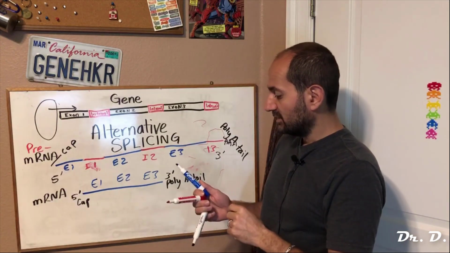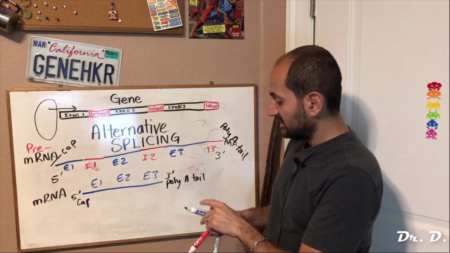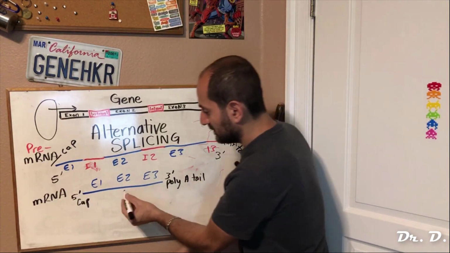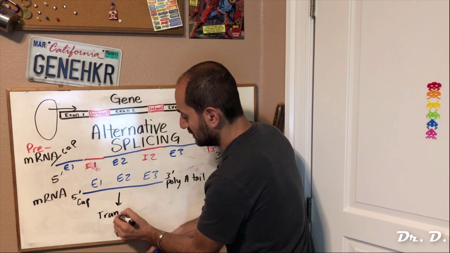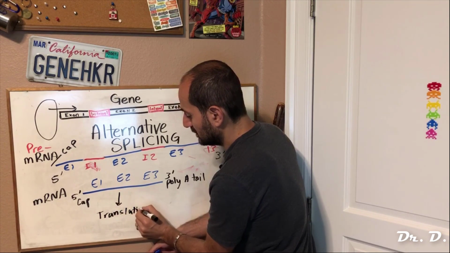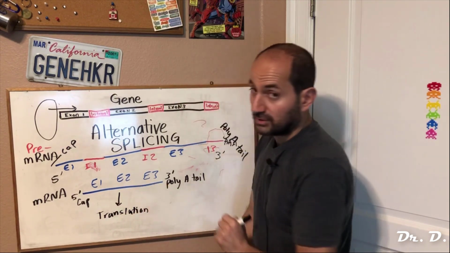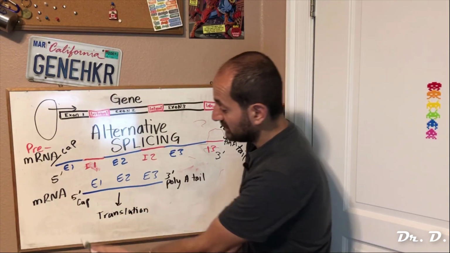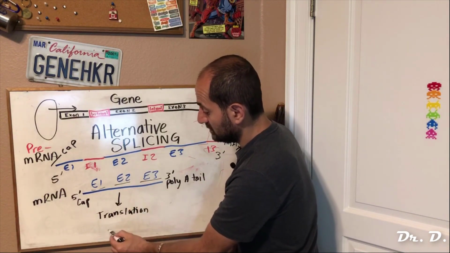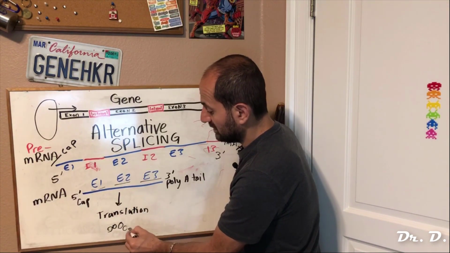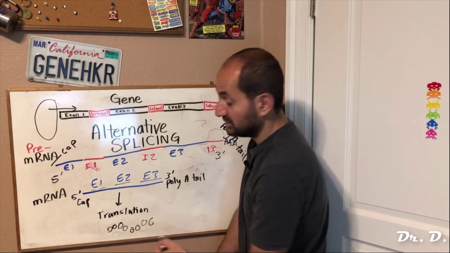Let me tell you. So for example, if the ribosome were to come along and translate this, right? Translation. If the ribosome were to translate this, it would translate exon 1, exon 2, and exon 3 information into a polypeptide, into a protein.